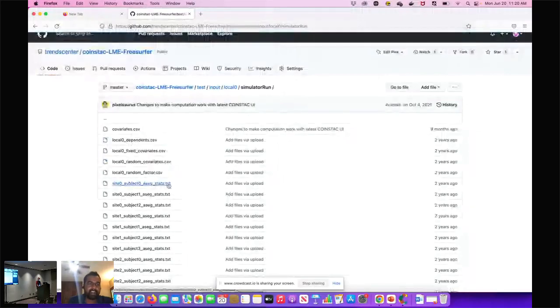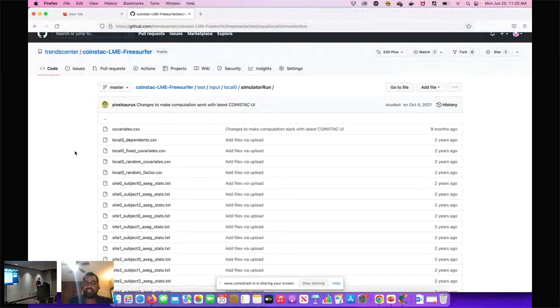So users can use this test data to run the computation, or they can go to this GitHub link and organize their data accordingly. So it does require them to organize the data in a way that works with the computation.